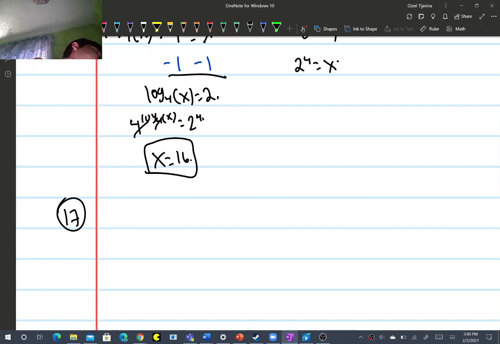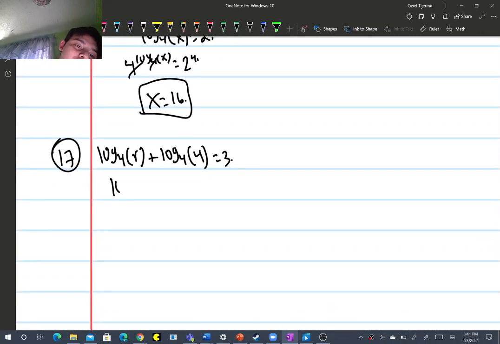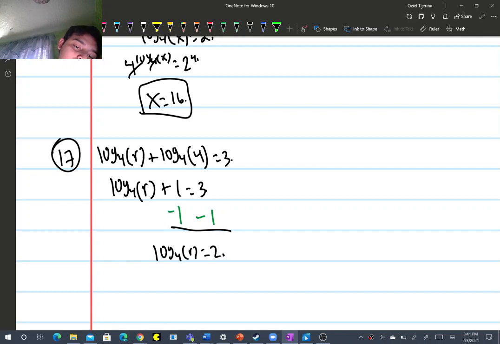For number 17, we have log base 4 of r, so it's the same exact thing. Log base 4 of r plus log base 4 of 4 equals 3. So we have log base 4 of r plus 1 equals 3. We subtract 1 on both sides, we get log base 4 of r equals 2.